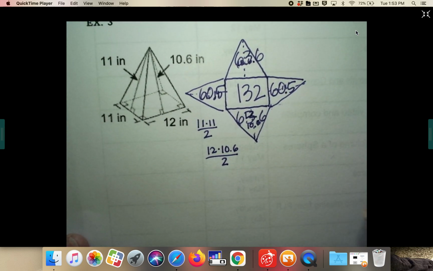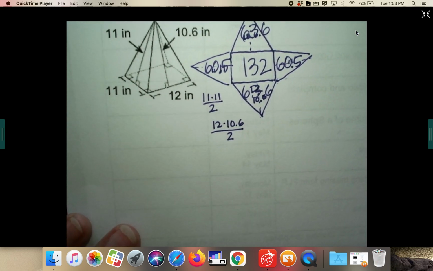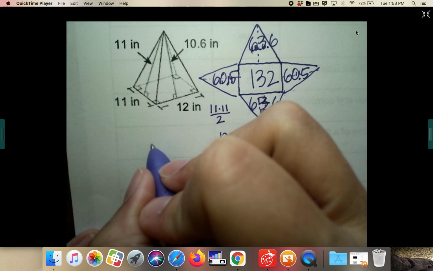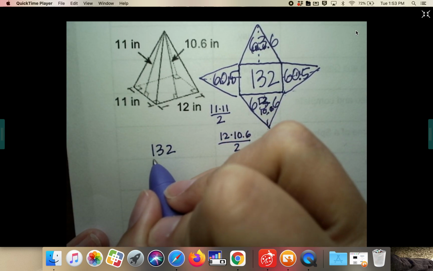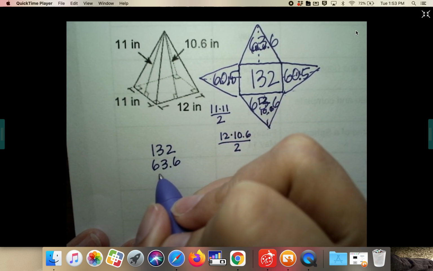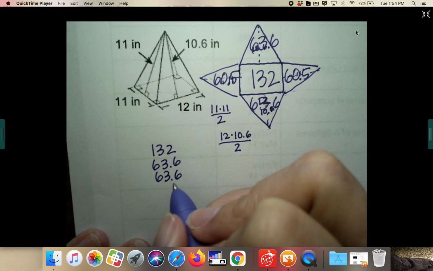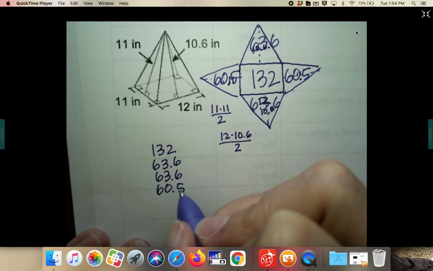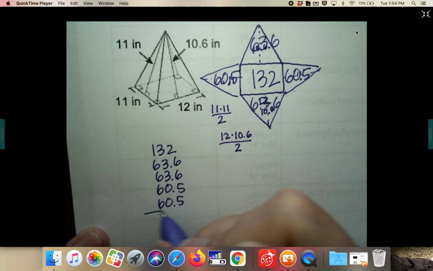All right, now I'm just going to add up all of the areas to find a total surface area. I've got 132, I've got 63.6 and 63.6 and 60.5 and 60.5.